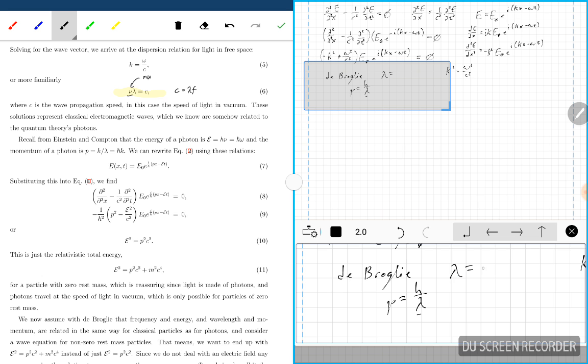If we wanted to solve for the wavelength, that would be Planck's constant divided by momentum. We don't care about solving for the wavelength. We just want to put everything in terms of momentum.